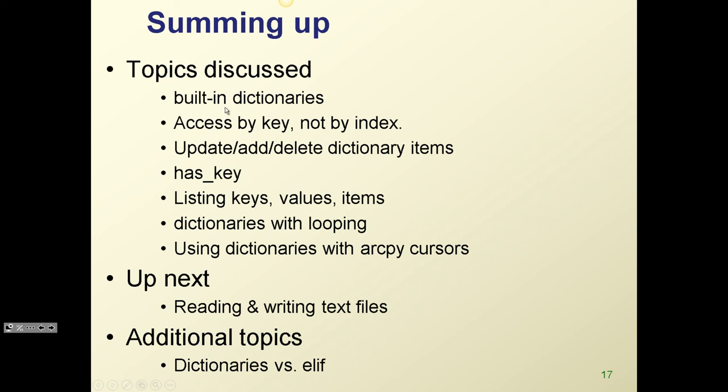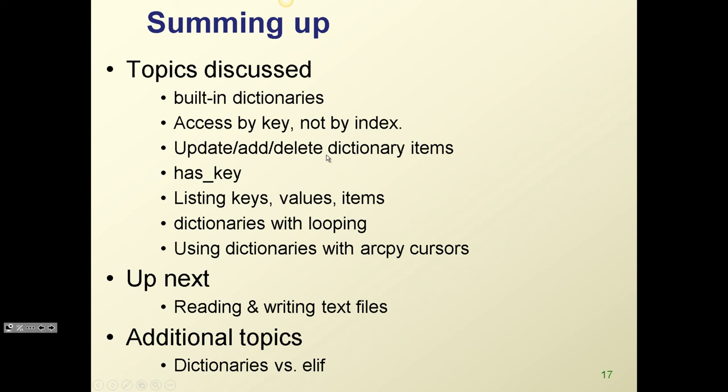We went over built-in dictionaries and all this stuff to relate to them. Accessing by key, not by index. It looks like an index, but it's not an index. It's key access. How to update a dictionary, how to add to a dictionary. Adding and updating look just the same syntactically, but have a different effect.